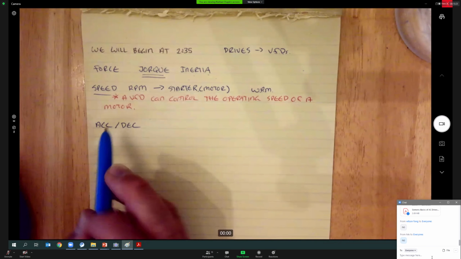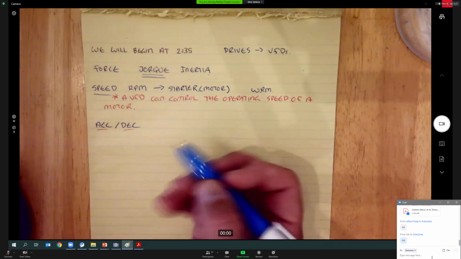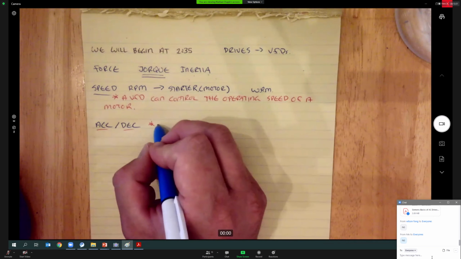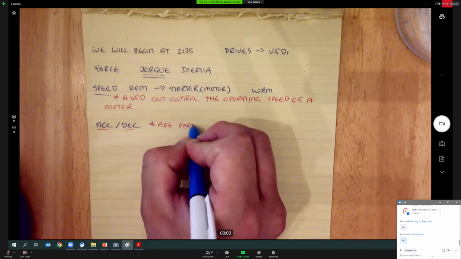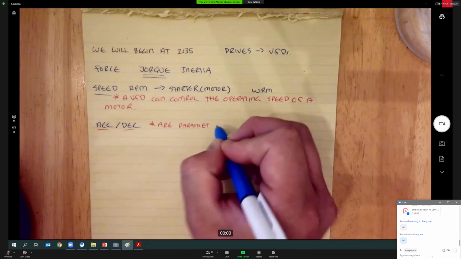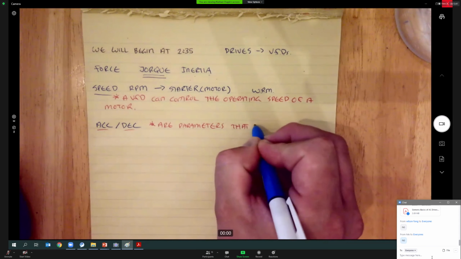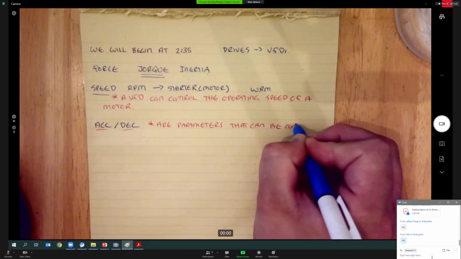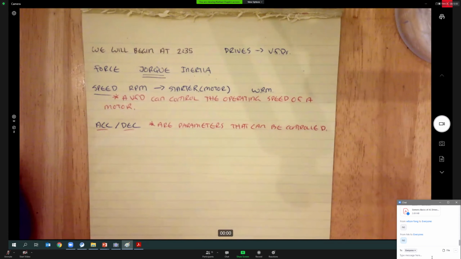And notice that I have abbreviated these here. That is because these, ACC and DEC, are parameters that can be controlled by the variable frequency drive.